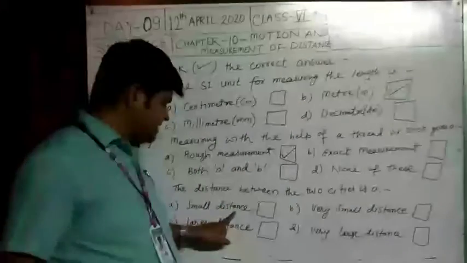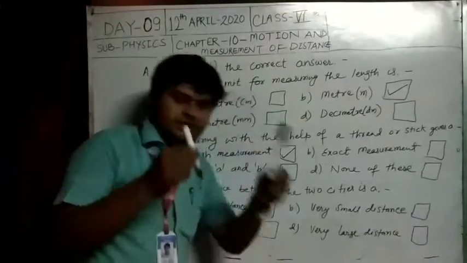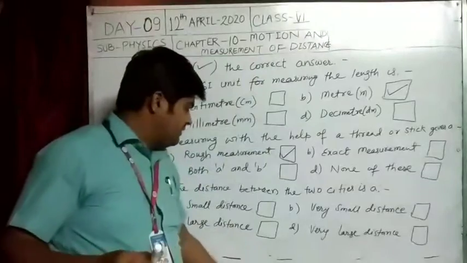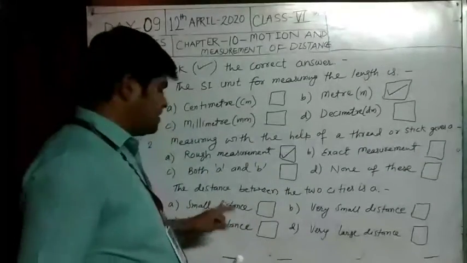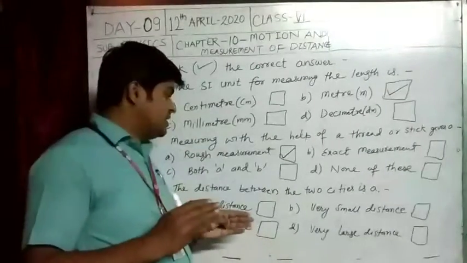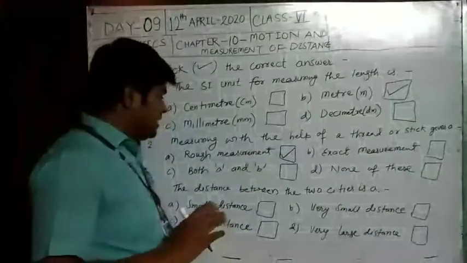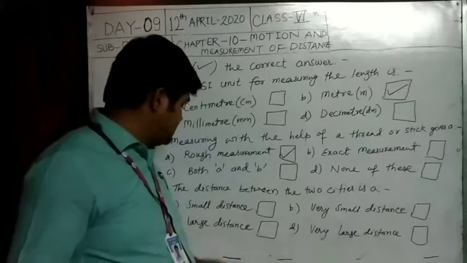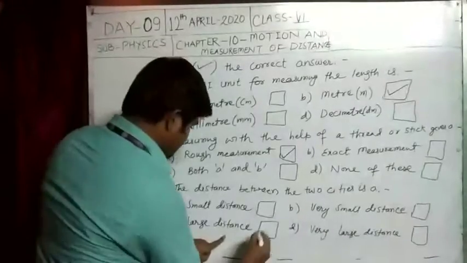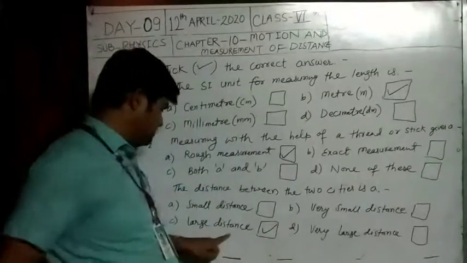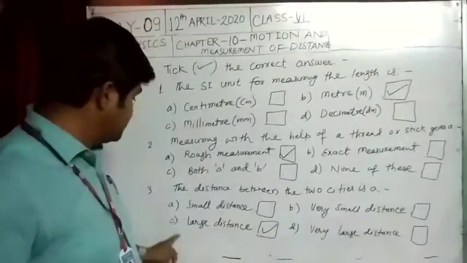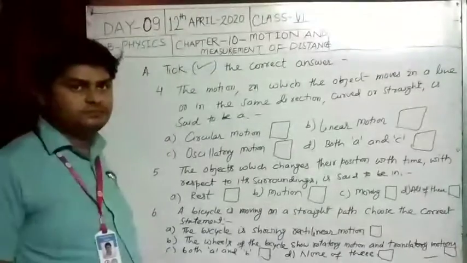A very small distance is like the distance between these two markers, and a small distance is between the student sitting on the first bench and the last bench. But the distance between two cities is a large distance. So your option is C.